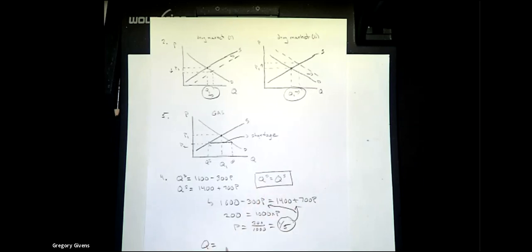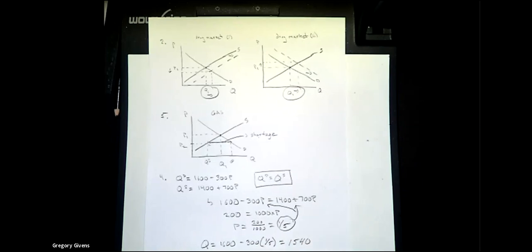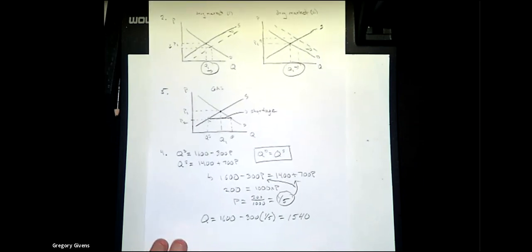So Q is equal to, let's say, 1600 minus 300 times P, which was 1/5, and you punch that into your calculator, and I think you get 1540. So that's just a simple algebraic version of the types of problems we've done in class today, where we talk about the intersection of supply and demand.